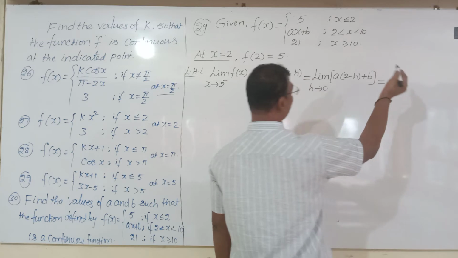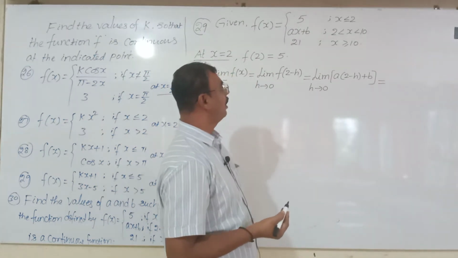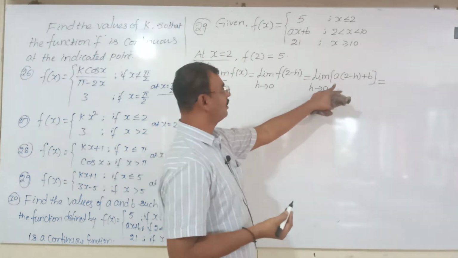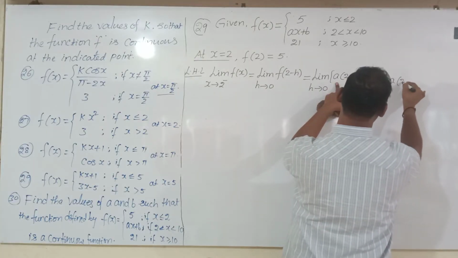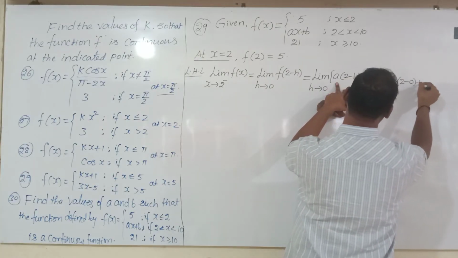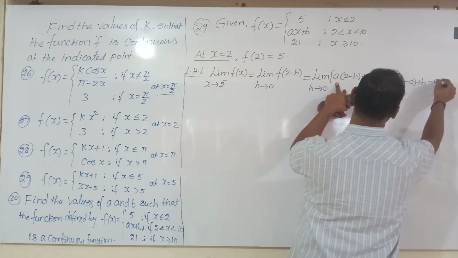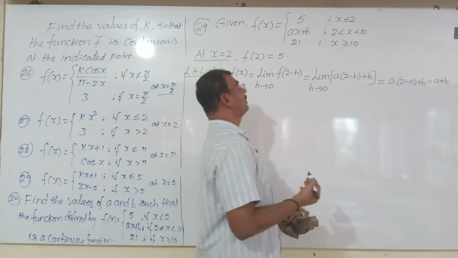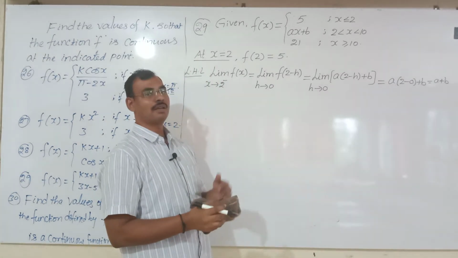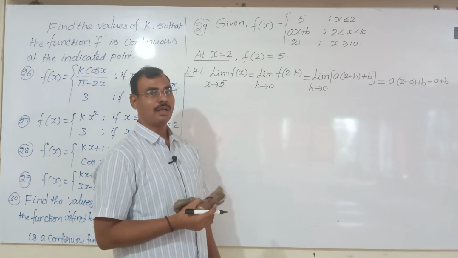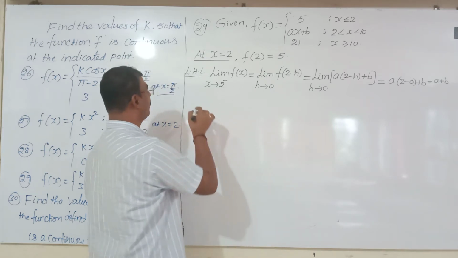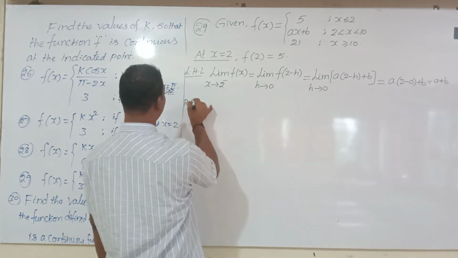Now you apply the limit. If you apply the limit, we get a bracket 2 minus 0 plus b, which is equal to 2a plus b. So we got the left hand limit at x equal to 2. Now I find the right hand limit at the same number.